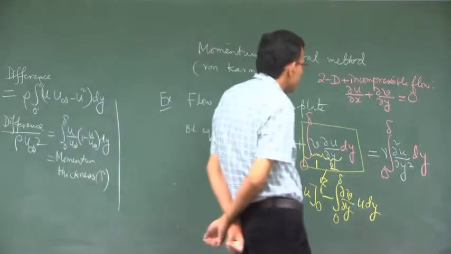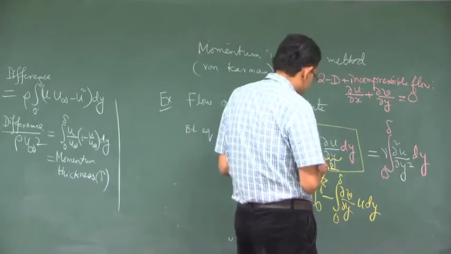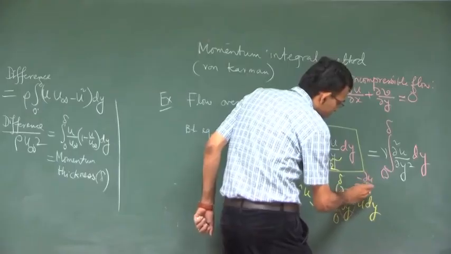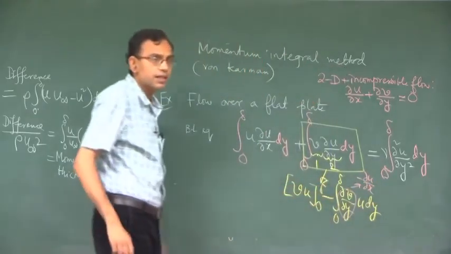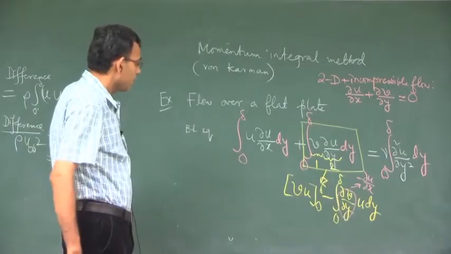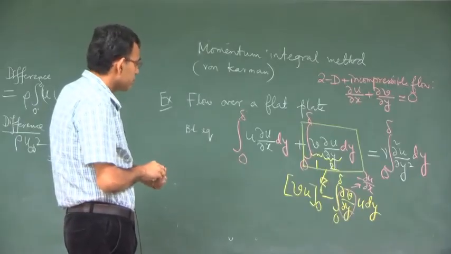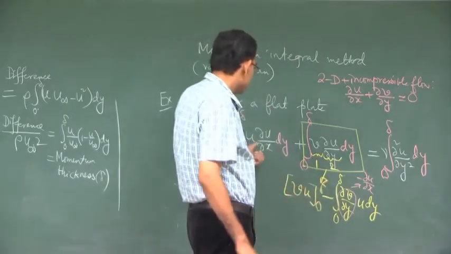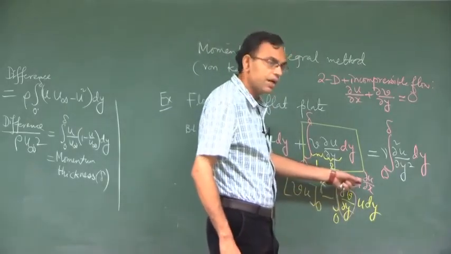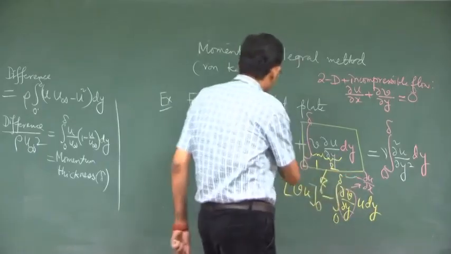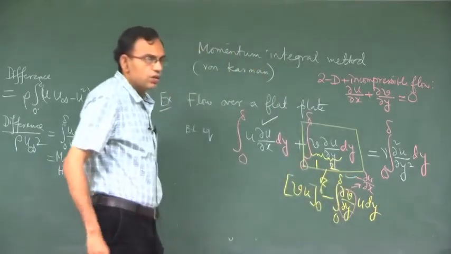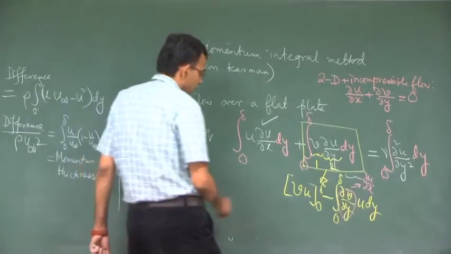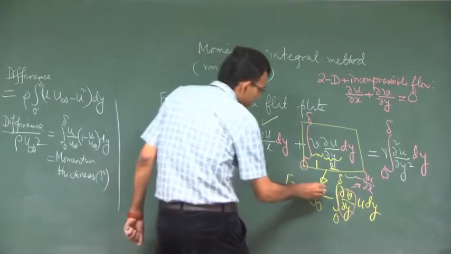Because it leads to this one, in place of this you can write minus del u del x. So, when you write minus del u del x, so this minus and this minus will make it plus. So, this term and this term will be 2 u del u del x, that means del x of u square.